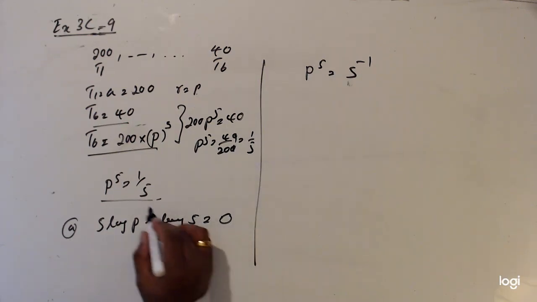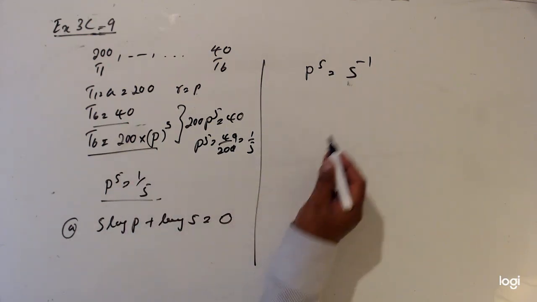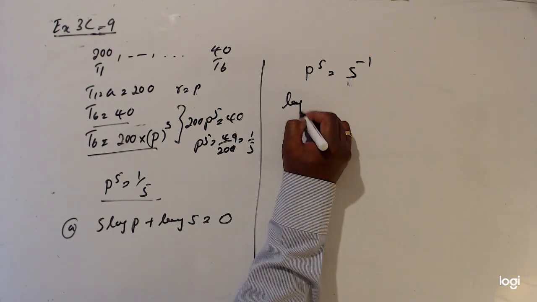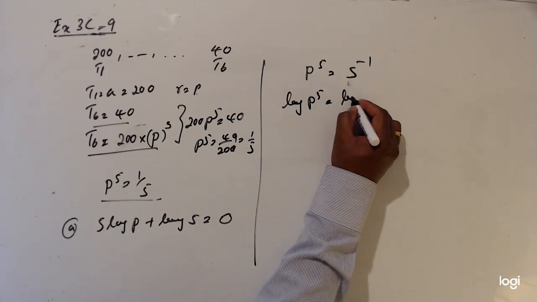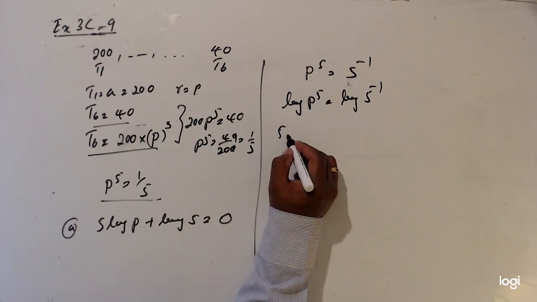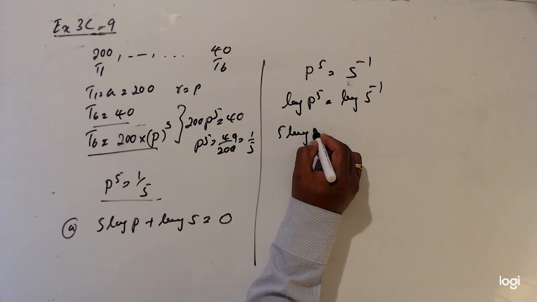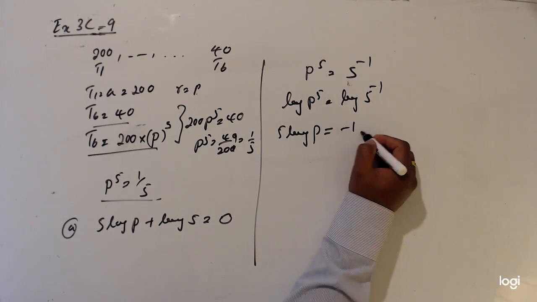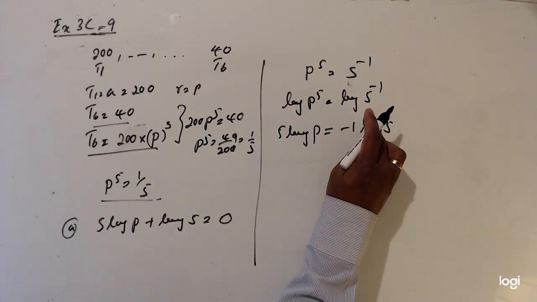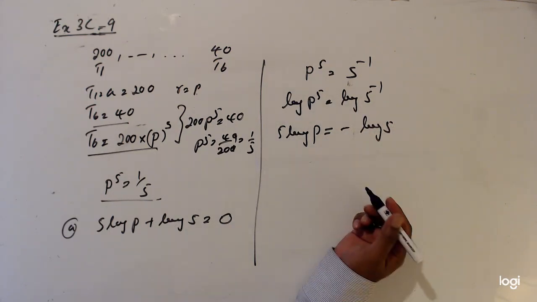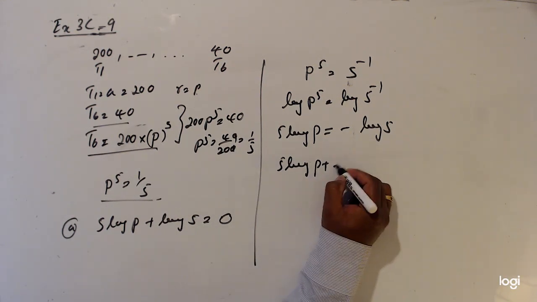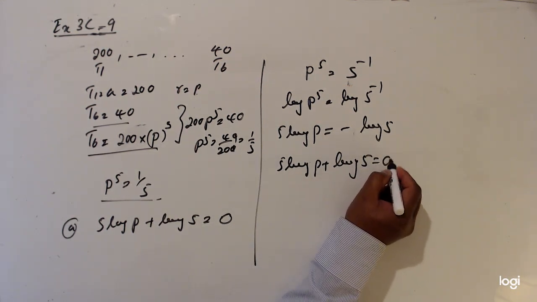That's why I bring this 1 over 5 as a power minus 1. So we'll put log on both sides. Log P to the power 5 equals log 5 to the power minus 1. Then 5 comes here: 5 log P equals minus 1 times log 5. Minus 1 times this means minus log 5. So we bring it to this side: 5 log P plus log 5 equals 0.